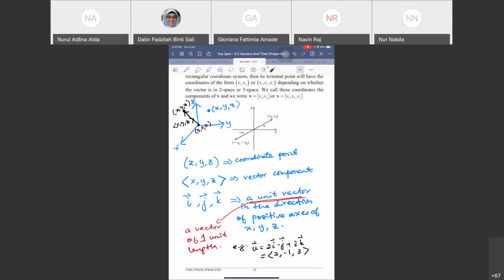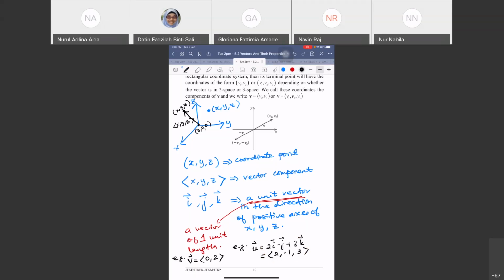And of course, if it is a two-dimensional vector, you will see only i and j, only 2 numbers. When I write i, j, k, you understand that this is referring to a 3-dimensional vector. If it is only i, j, another example may be vector v equals (0, 2).